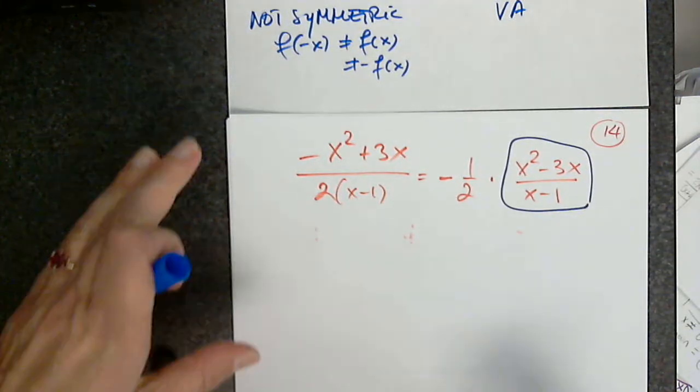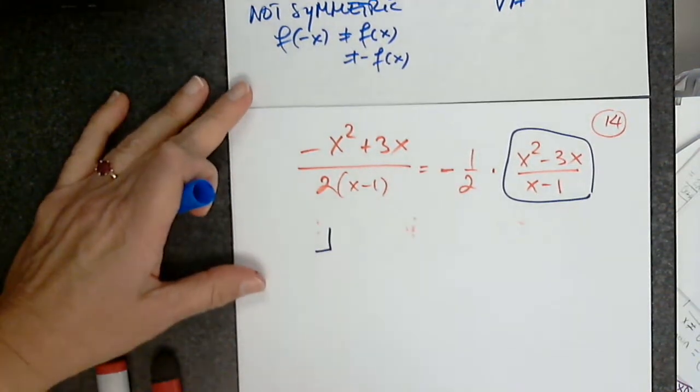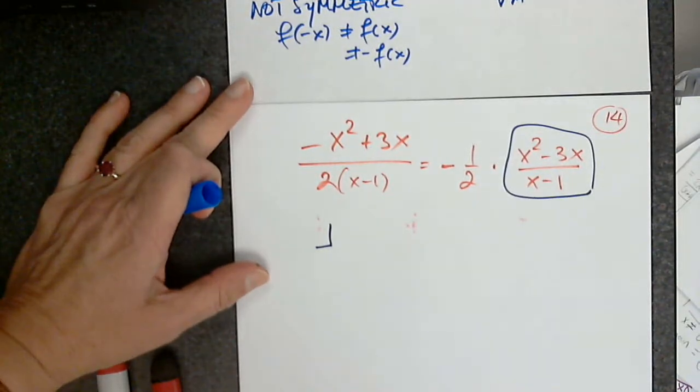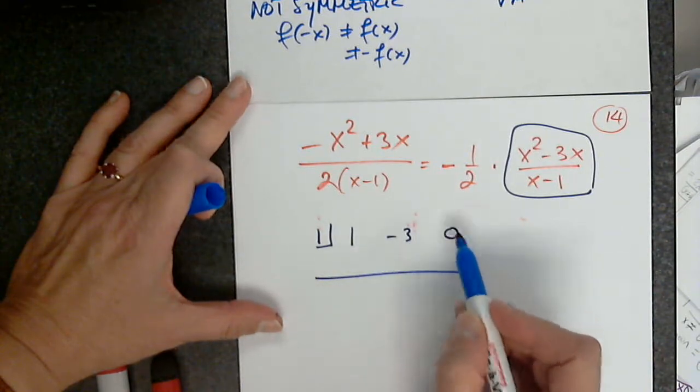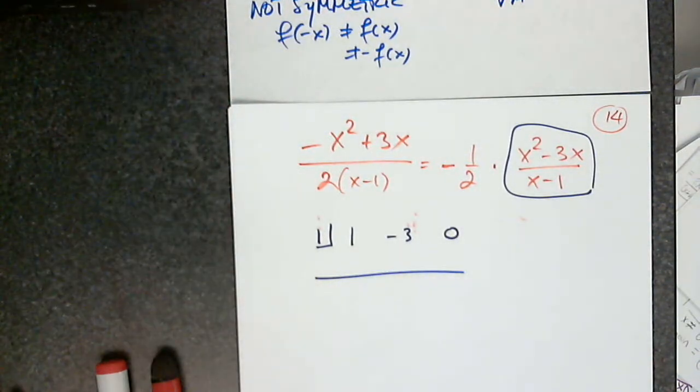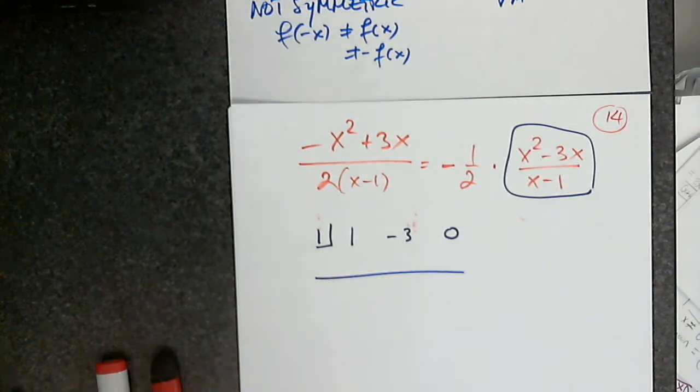Oh, perfect. Excellent. So what goes in the box then? -1. Careful? Oh, yes. What goes at the top then? 1 and -3. And 0. I cannot miss anything. So in the synthetic division, all coefficients have to be there, including the ones that are not, right?